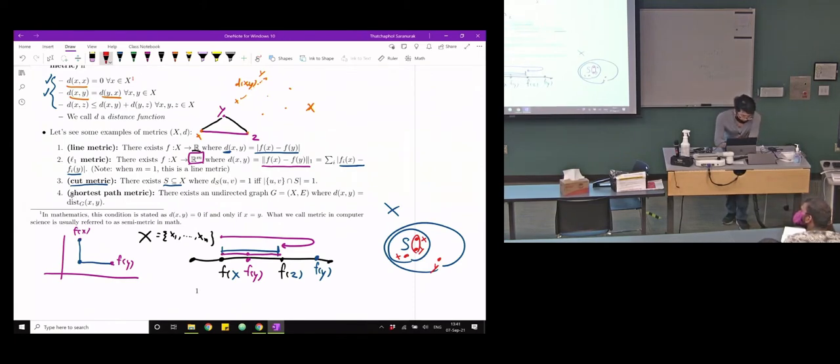Another one which is good to know is the shortest path metric.